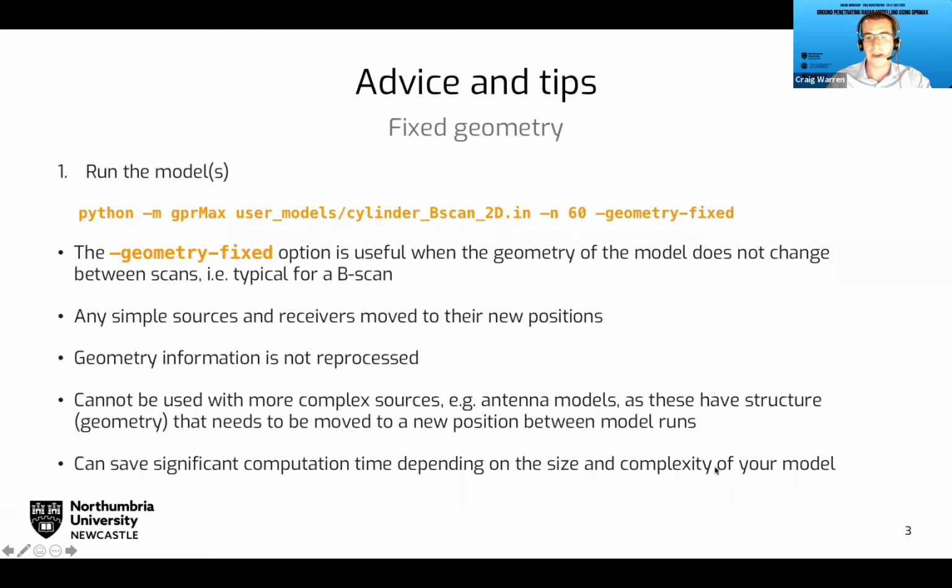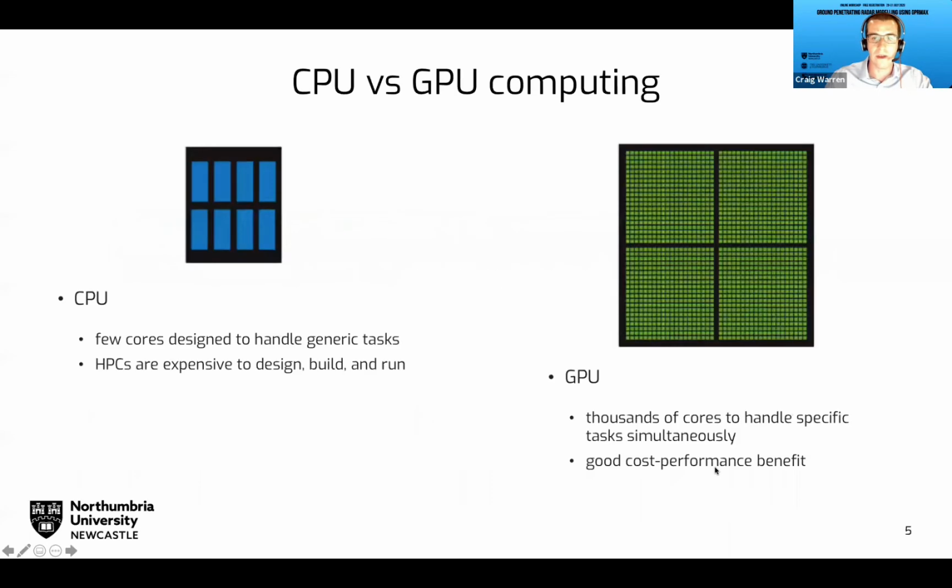It can add your antenna model, which will be, you know, relatively quick, and then it can run it. So that's another kind of option or tip you have where you're using an antenna model and you want to save a little bit on the build time. And the commands to do that are called geometry objects write and geometry objects read. And you can have a look, you know, at how to use those in more detail in the manual.